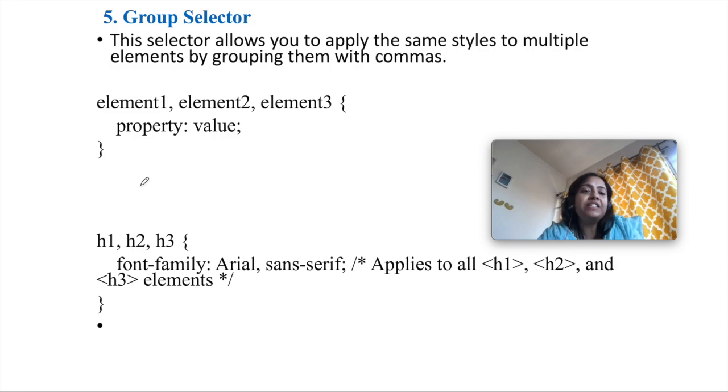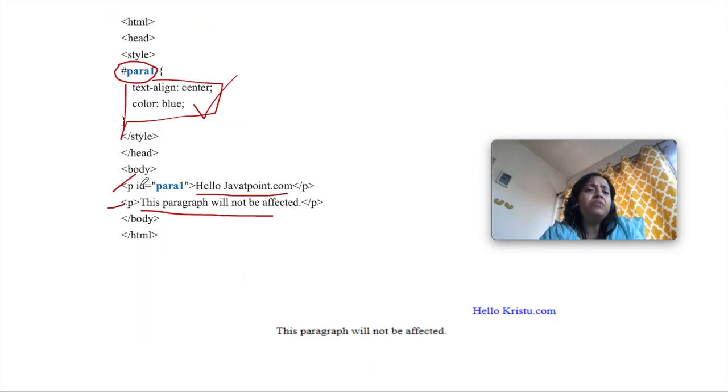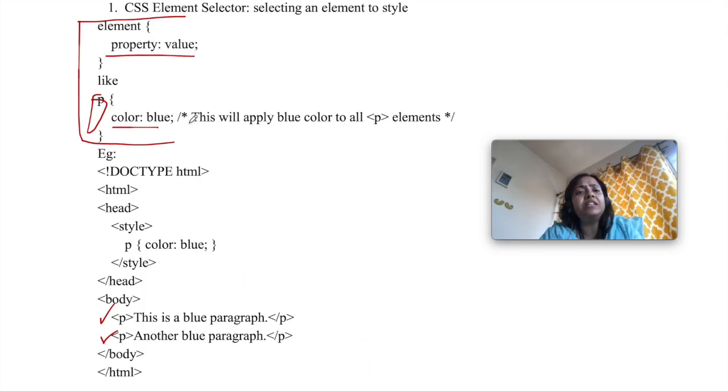The next selector is group selector. Now, before starting with the group selector, understand the advantage which we are getting with the group selector. Let us first go back to the first type of selector, that is element selector. In the element selector, students, what did we do?